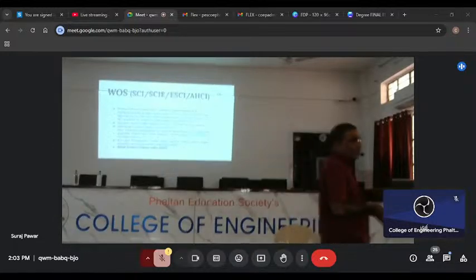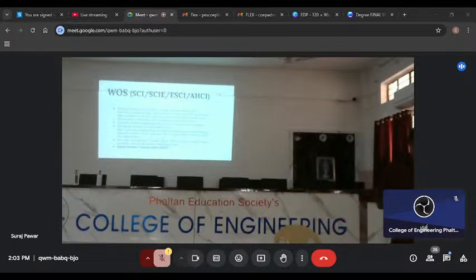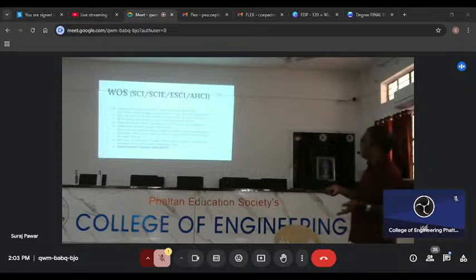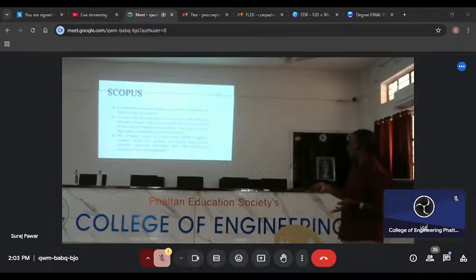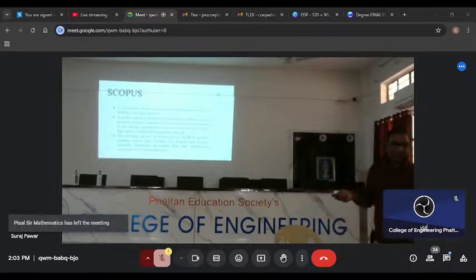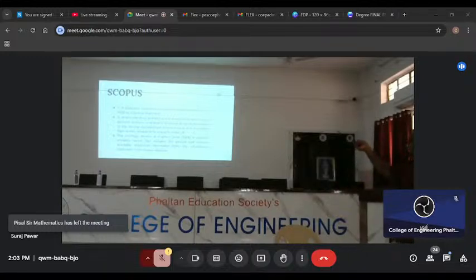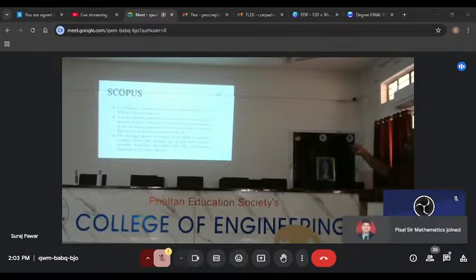That has not been studied in Phaltan, maybe in Pune, maybe in Mumbai. So we put that abstract in the journal finder, and accordingly it will indicate the names of journals. Then Scopus: its abstract and citation data is similar to the Web of Science, but now it has changed to Clarivate Analytics.